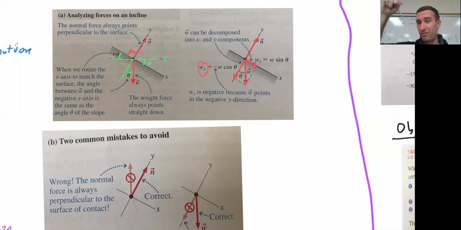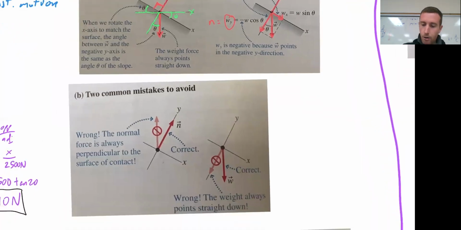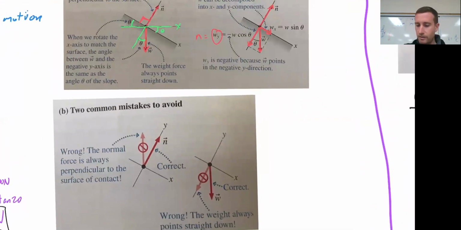If there's a tension force or something pulling it up or pushing it down, then it'll vary. But in many cases, that y component will be equal to the normal force. And pay attention to the negatives. It's going down, so that's a negative weight in the y direction.